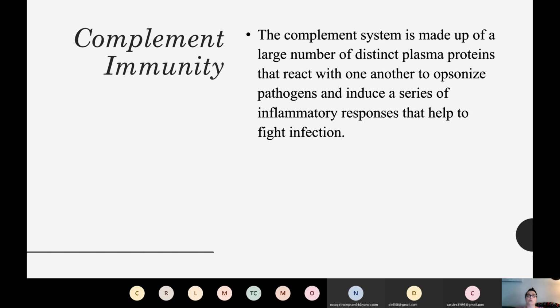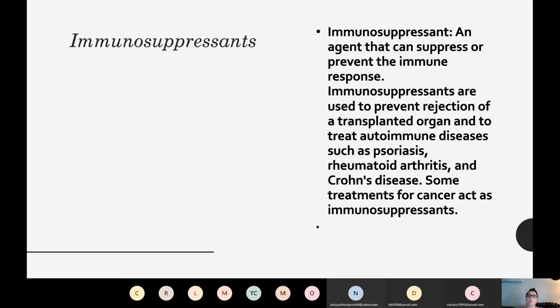Now, where things get a little complicated, and this is why I posted that video, I'm going to repost the video and label it complement immunity.